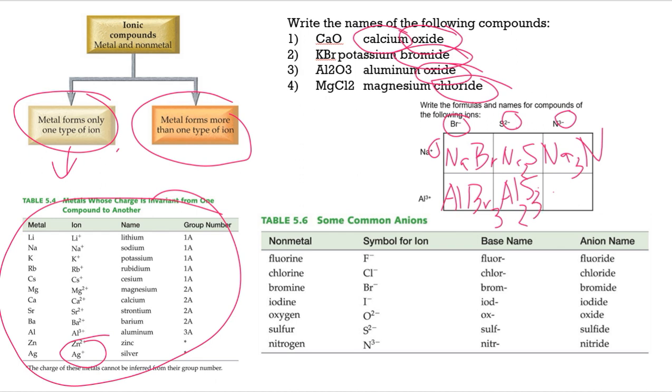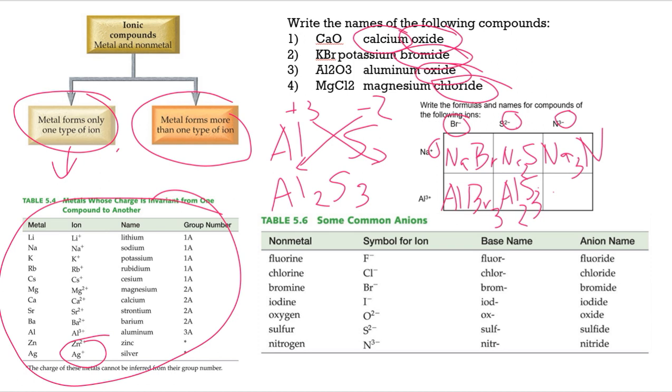In other words, you have aluminum +3, sulfur -2. This 2 goes here and this goes here. Then it is aluminum 2, sulfur 3. That's the formula for this compound.